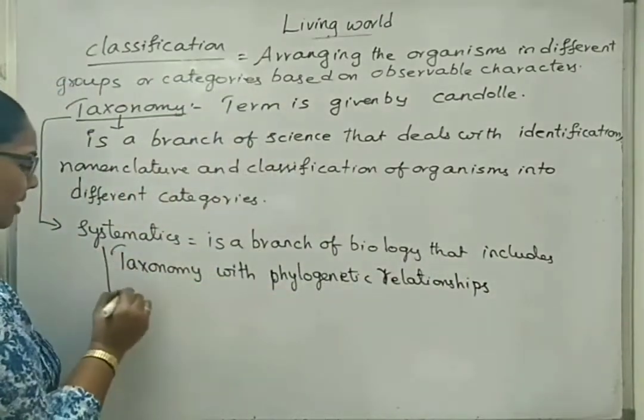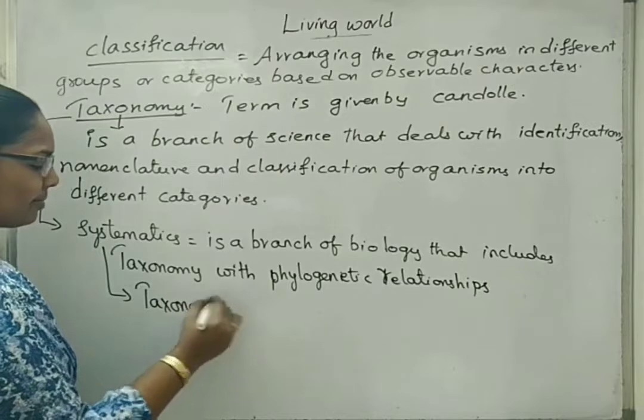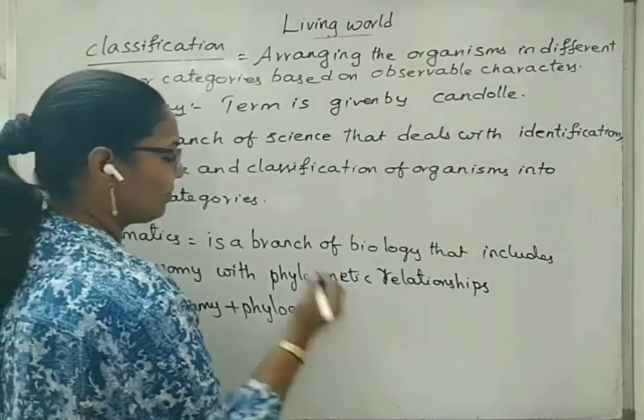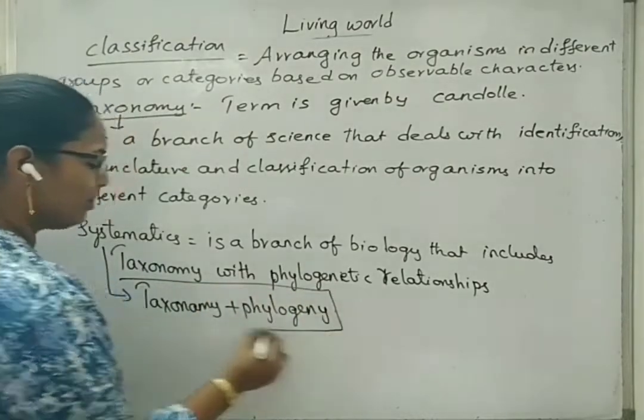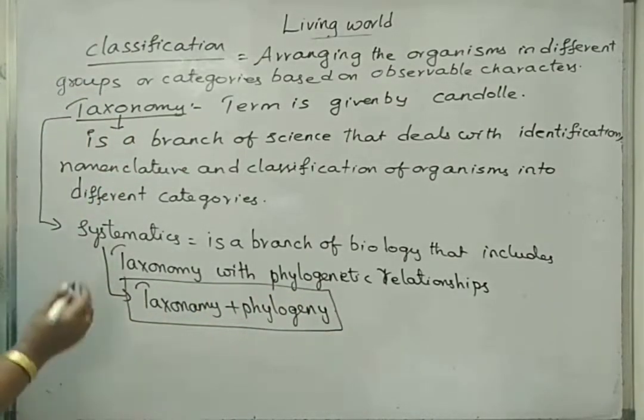Simply, we can say systematics is nothing but taxonomy plus phylogenetic relations or phylogeny. This is simple word to remember, systematics. Both are of same, but here we include the phylogenetic relations.